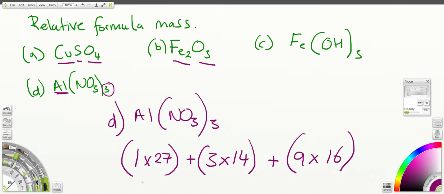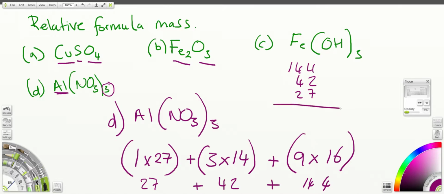I'm going to add them together: 9 times 16 is 144, 3 times 14 is 42, and 27. If I add up these numbers, 144 add 42 add 27 is 213. That's the formula mass for aluminium nitrate.